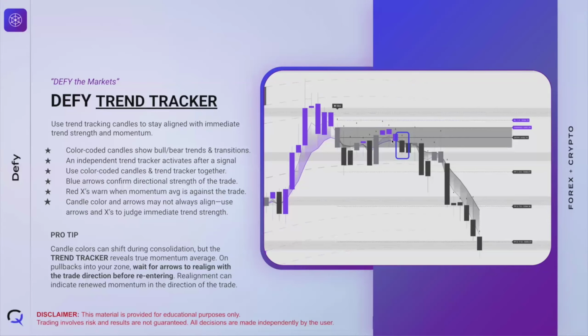Now, something that you're going to notice as well is that the candles are also color coded, based on this cloud system that you see over here. So whenever the cloud system is positive, you will start to see the bullish candle color. As the cloud begins to transition, and potentially go from bullish to bearish, or potentially from bearish to bullish, they will start to turn a neutral color.